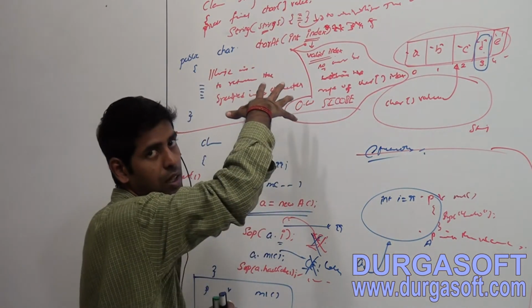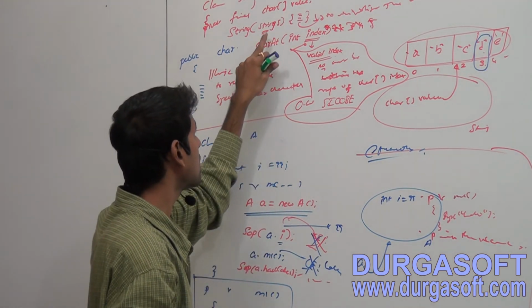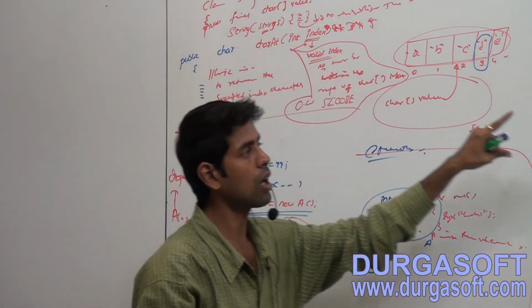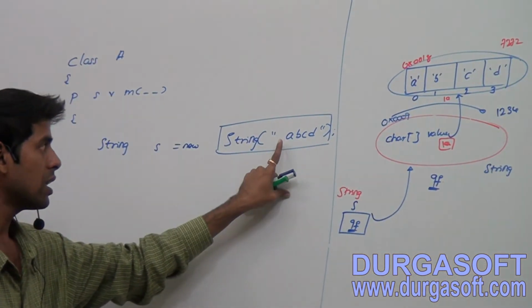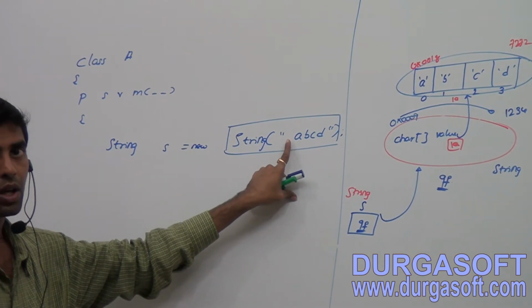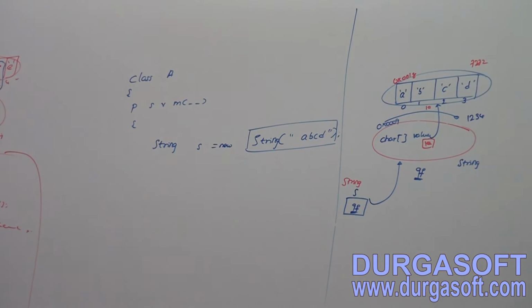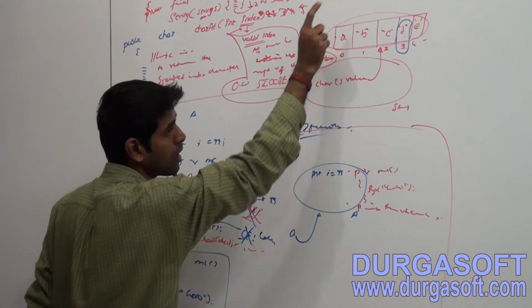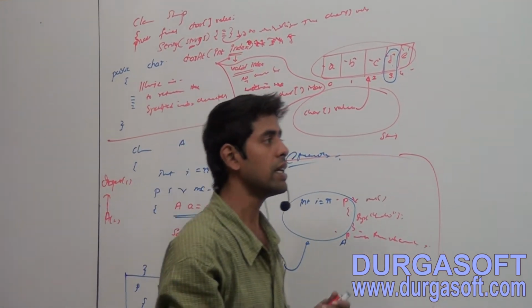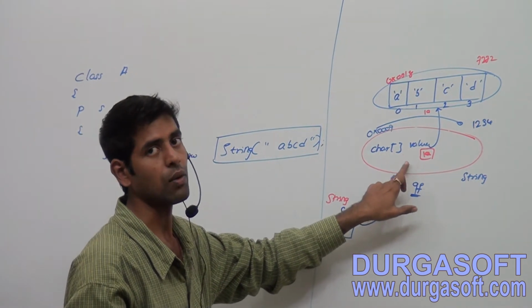Because of this constructor call, observe what happens. This code will get executed, to initialize the char array value. That's why it initialized this char array referred with value.